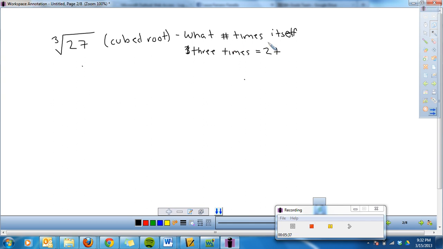So what number times itself 3 times equals 27? Now, with a cubed root, this root will not be hidden. Before, when we were doing the square root, we would just have a symbol like the square root of 25.